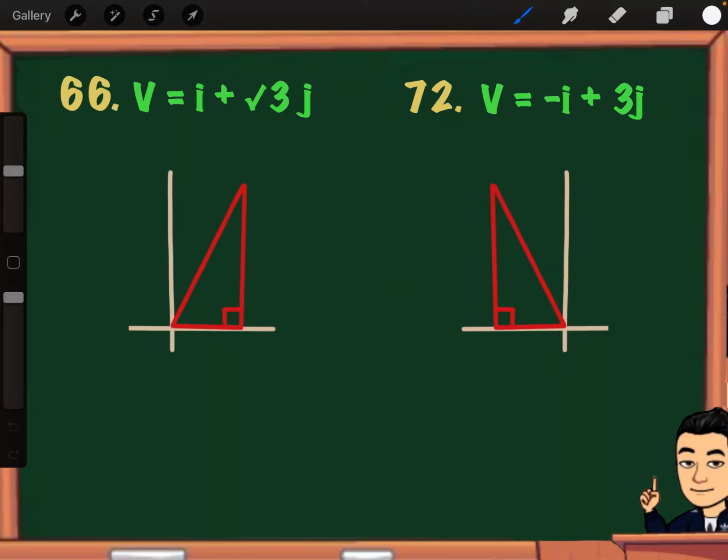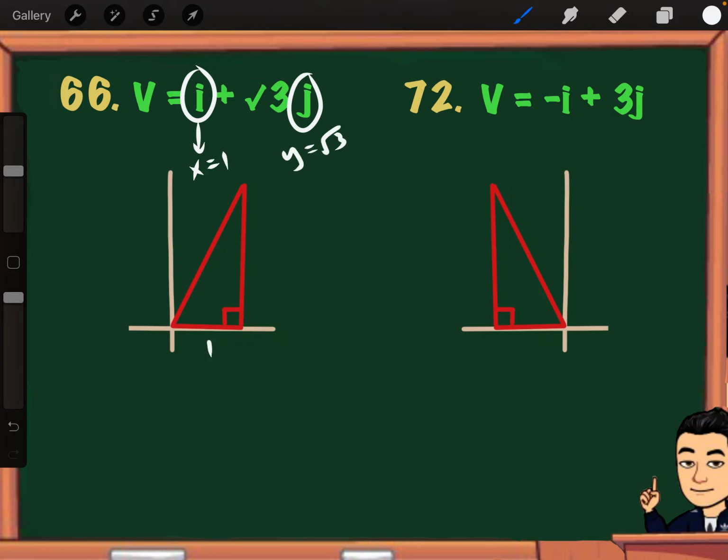So number 66, what they're trying to ask you to do is to find the direction angle of the vector v. Okay, so this one is actually really easy. All you need to do is understand that the i is basically your x and your j is your y. So in here it's 1 for x with y equals rad 3.